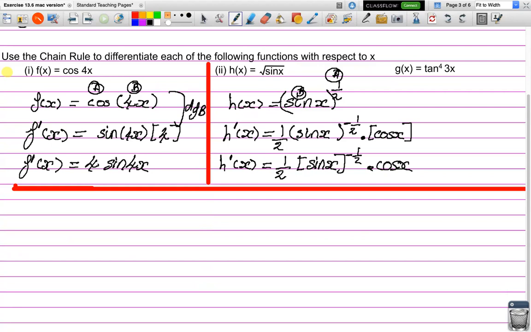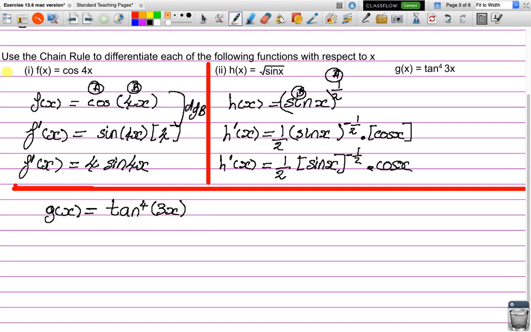So the last one is we've got g of x is equal to tan to the power of 4, open bracket, 3x.